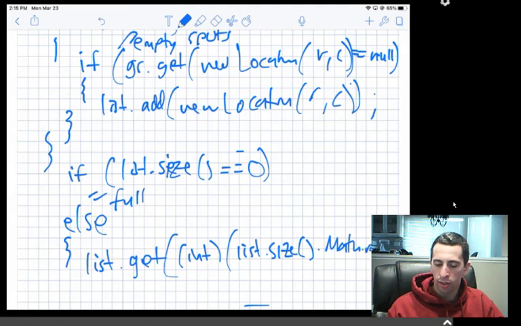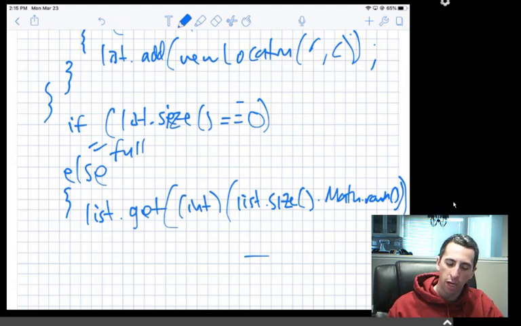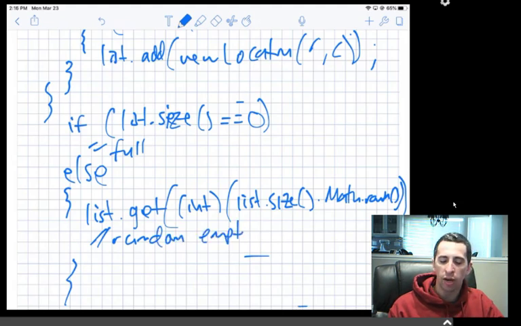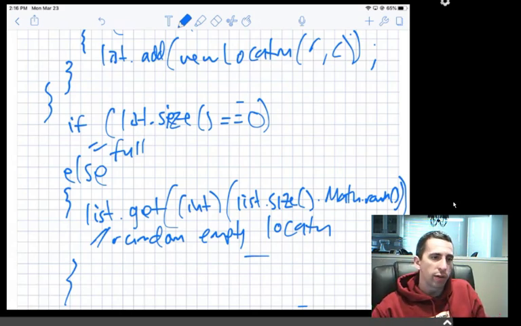So this is collecting a list of all the empty locations, and this gives you a random empty location. And that's where you can go ahead and add in your new 2 or whatever to that spot. So that's what I would recommend.